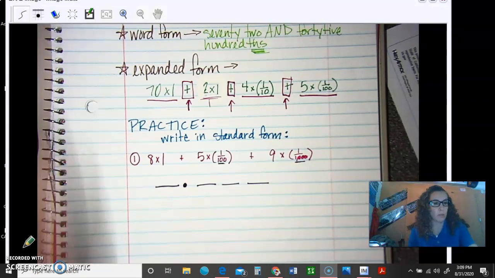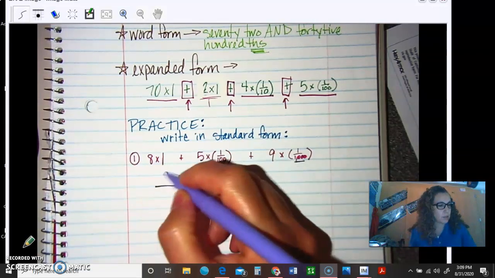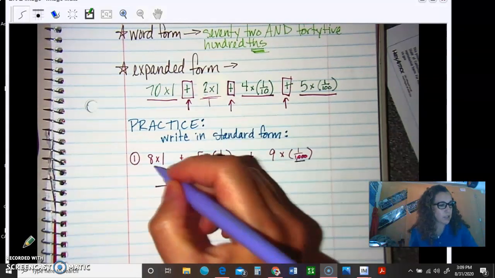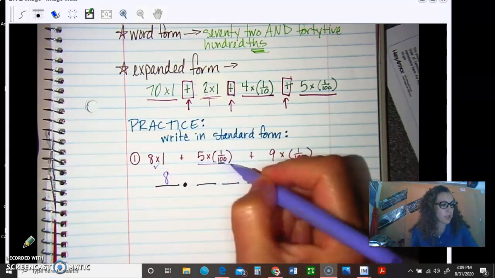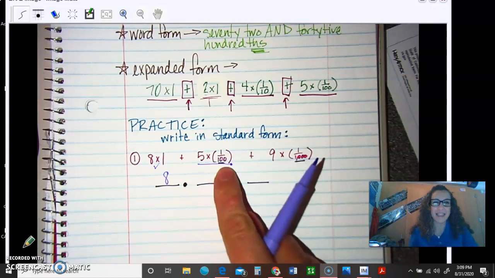So I'm going to look at my whole number first. Okay, my whole number is that 8. I know that's my only whole number. I finished this because when I look at the next section here, I'm already dealing with a fraction. Okay, I'm looking at hundredths.